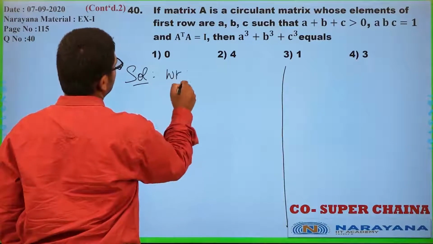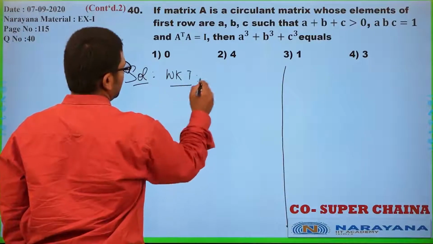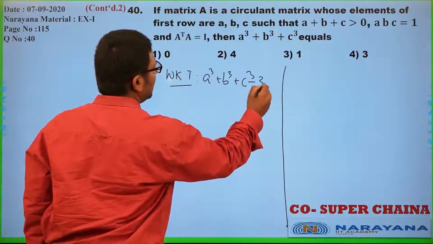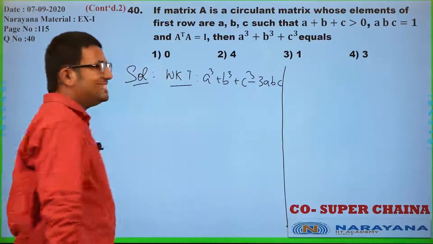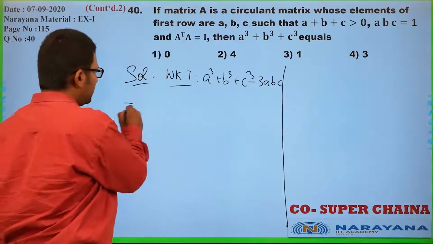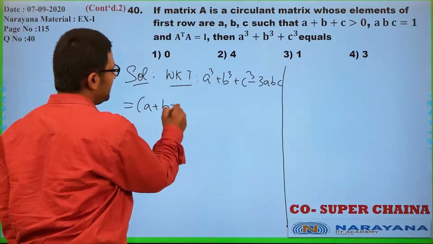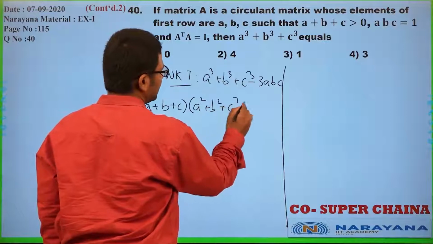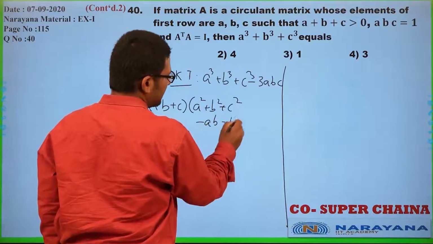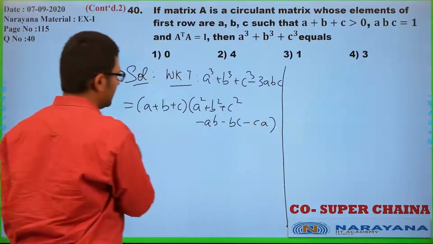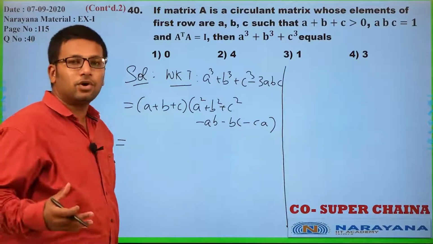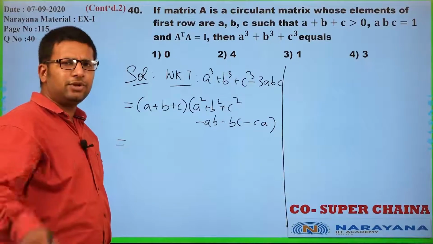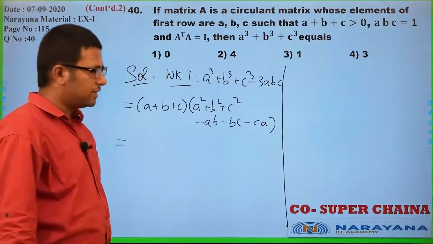We know that a cube plus b cube plus c cube minus 3abc can be factorized as (a plus b plus c) into (a square plus b square plus c square minus ab minus bc minus ca), correct? I hope you recall this identity that you have studied earlier. You may even have revised it during your earlier foundation lectures.